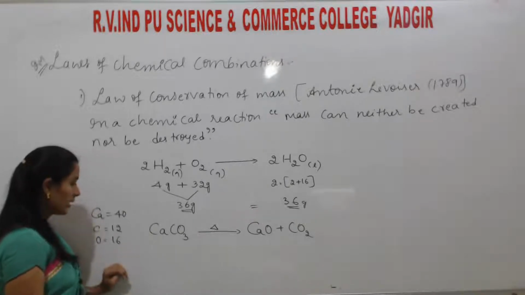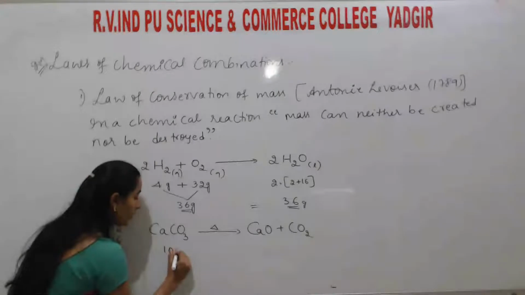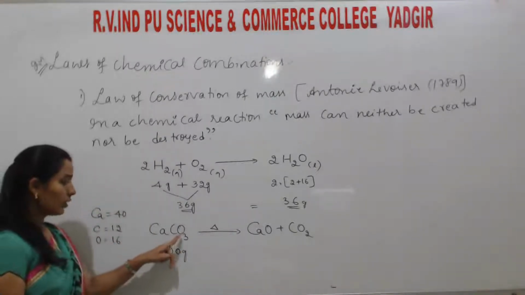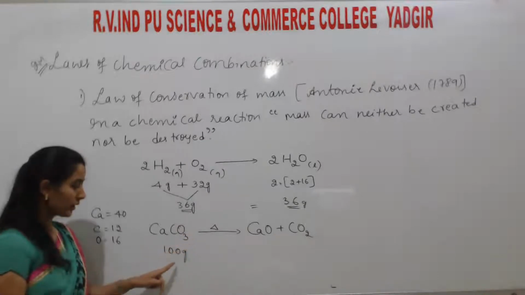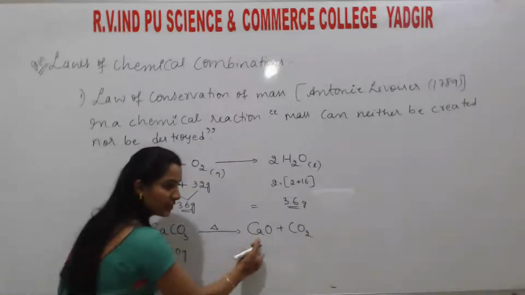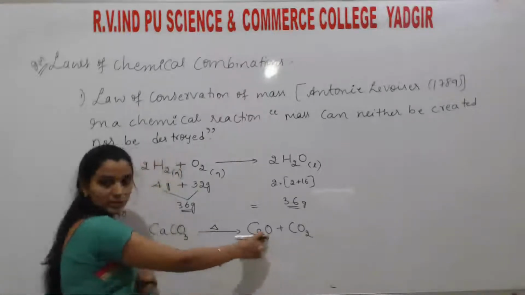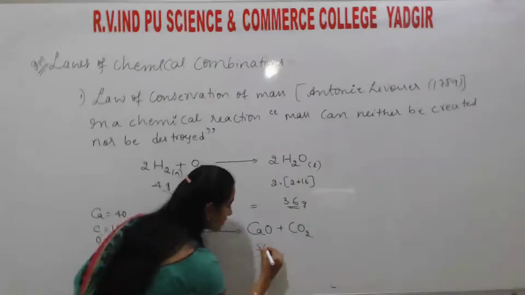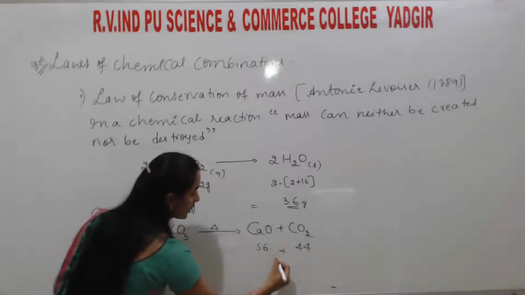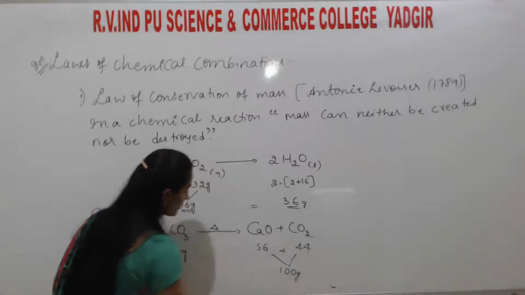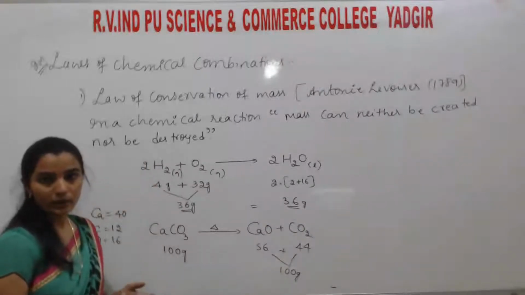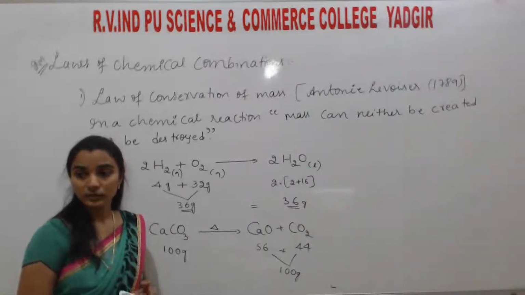You just calculate this, you will get 100 gram. 40 plus 12 plus 48, you will get 100 gram. In the products, calcium oxide is 40 plus 16, that is 56. CO2 is 44. If you add both, you will get 100. So reactant side is also 100, product side is also 100. The mass is conserved.